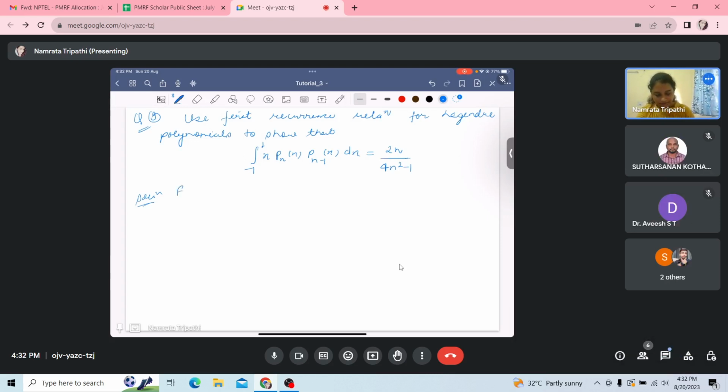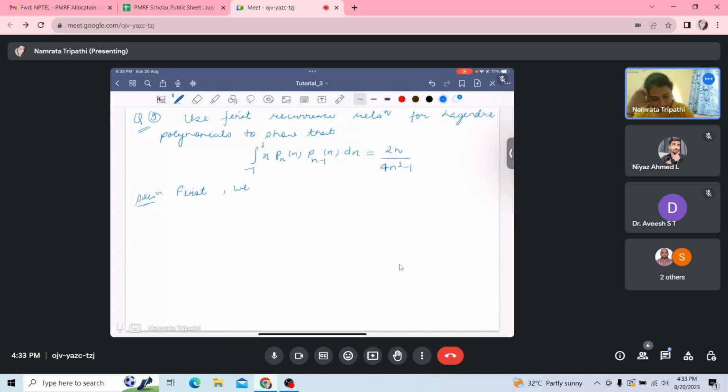Yes, Niyaz? Is it the integral from minus 1 to 1 of Pn of x into Pm of x? Yes, what is the value of this integration? It is 0 if m is not equal to n, and 2 upon 2n plus 1 if m is equal to n. Yes, correct. So this is the orthogonality relation. This is the correct answer.